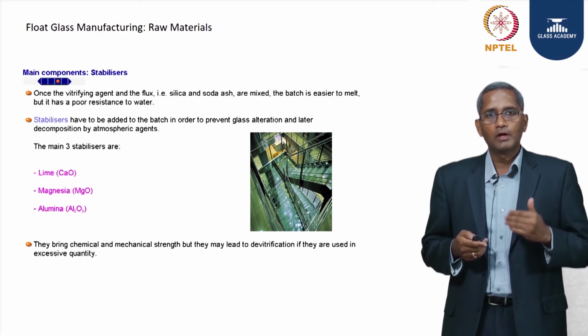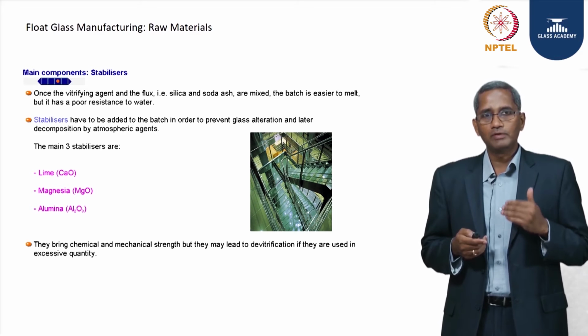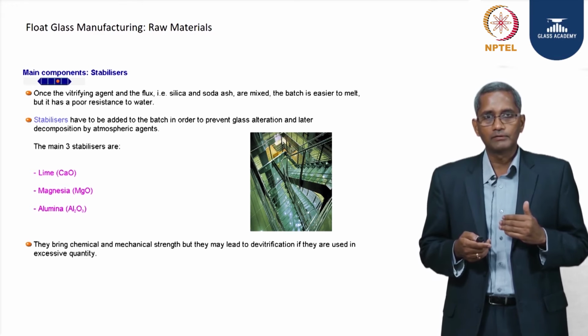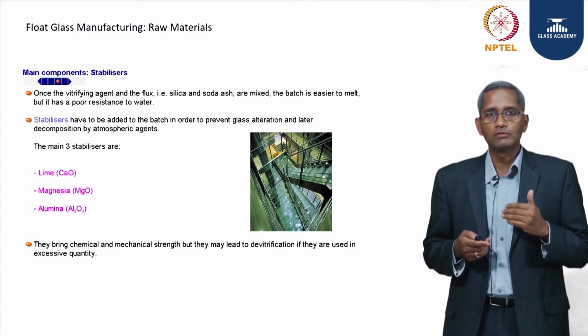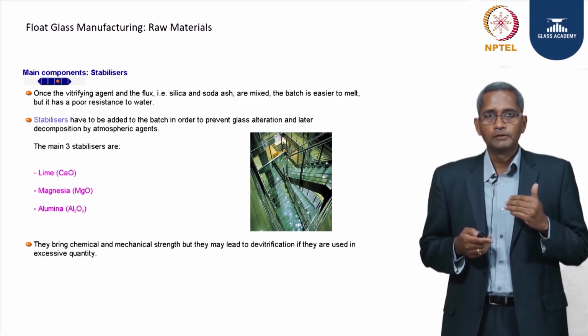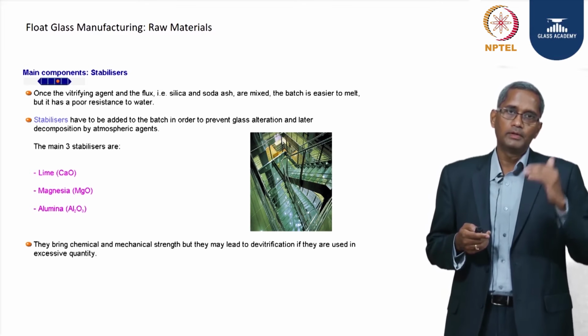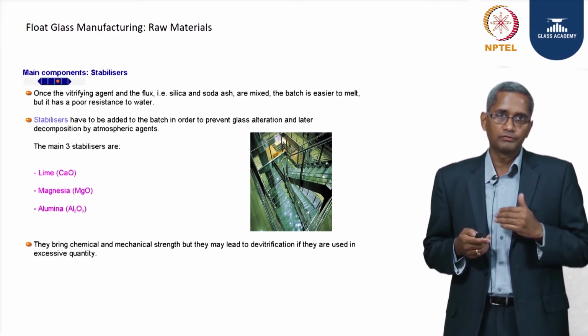So in fact, for every 100 kg of raw material that we add, only 82.3% of the material gets converted into the glass. The remaining 17.7% goes off as CO2 into the chimney. This process of removal of the CO2 from the raw material is called the process of refining.